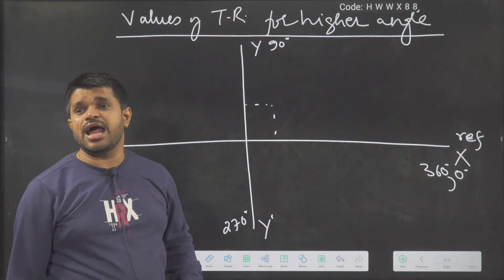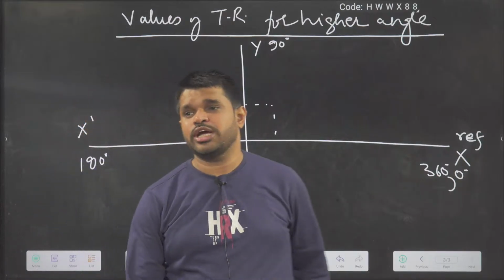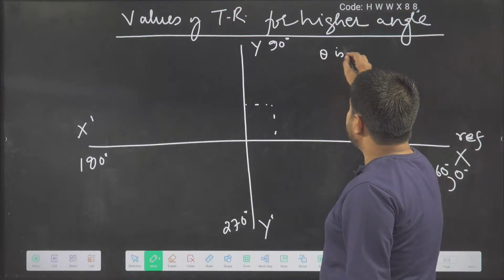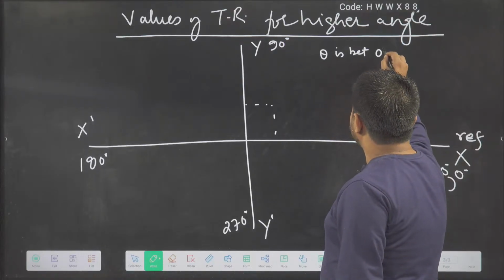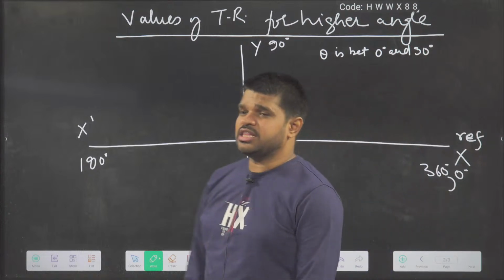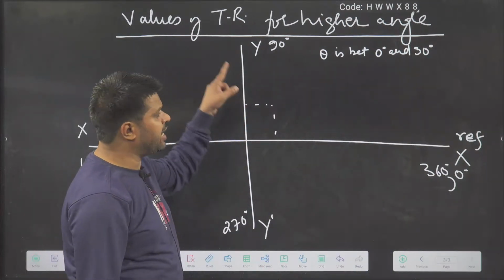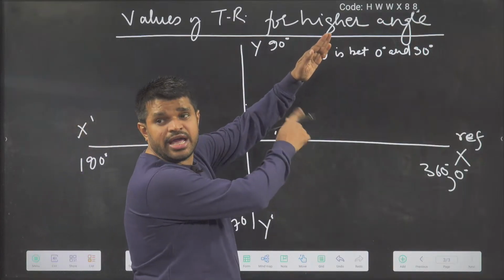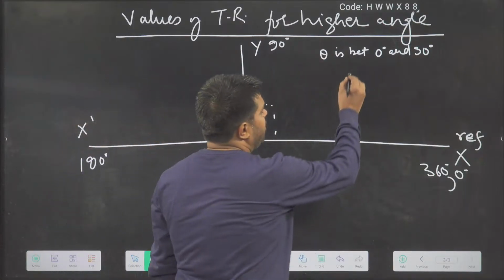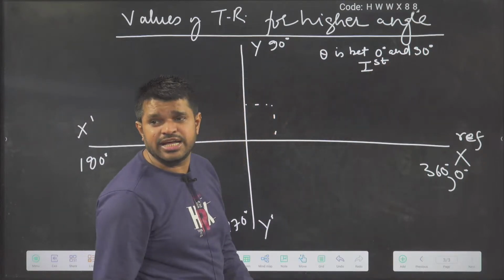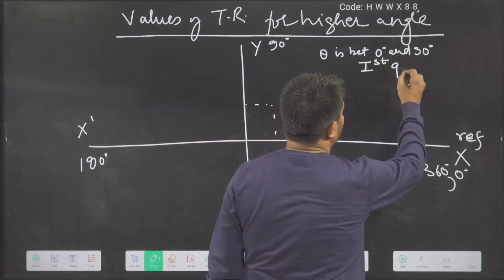Okay. There are 6 trigonometric ratios. Remember, when your angle theta is between 0 degree and 90 degree, basically the angle lies in the first quadrant. When the angle is between 0 degree and 90 degree, the angle is said to be in the first quadrant.